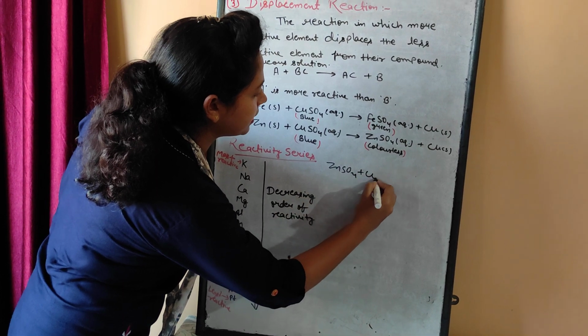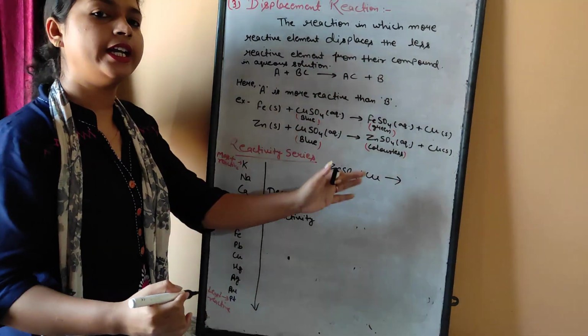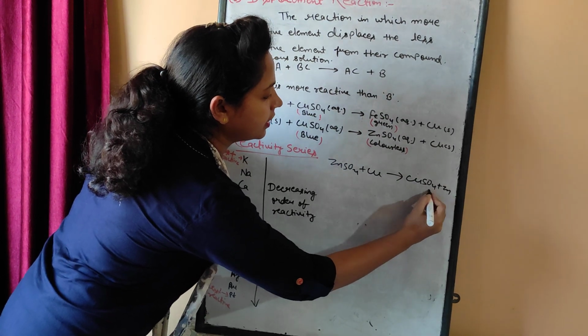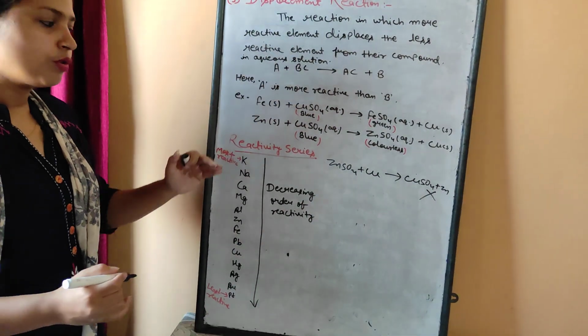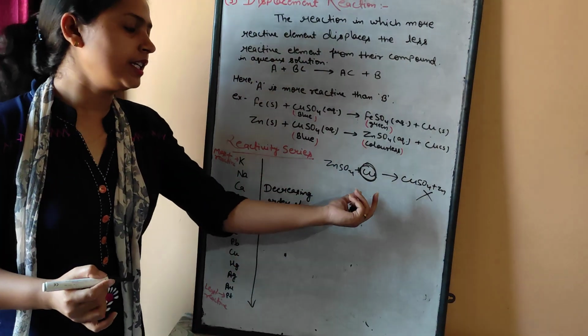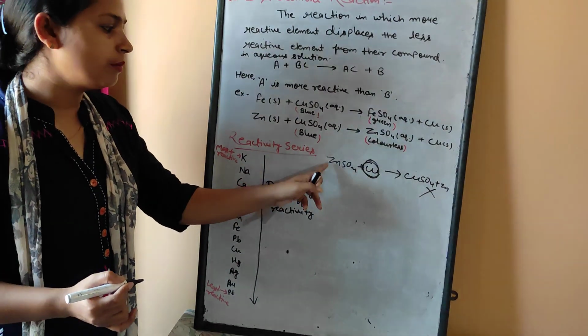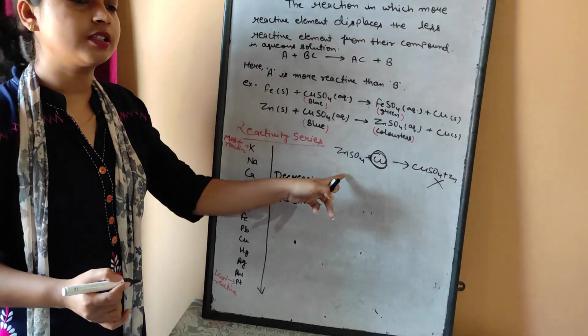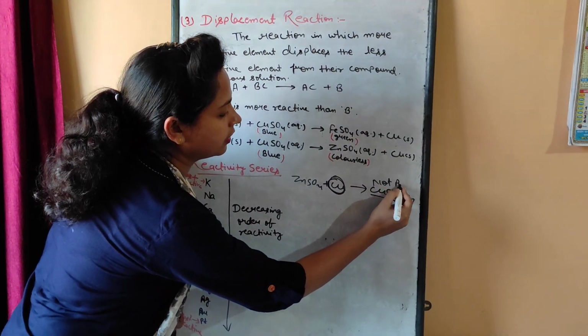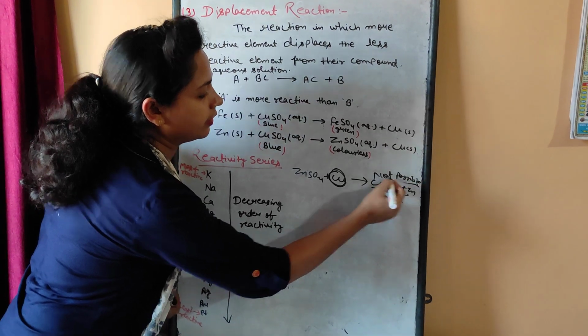When you want to reverse this reaction, that is, ZnSO4 plus Cu, then don't write that it becomes CuSO4 plus Zn. This is an incorrect reaction. Whenever a less reactive metal is there, it will not displace the more reactive metal from its metal salt. So this reaction is not possible. Right?